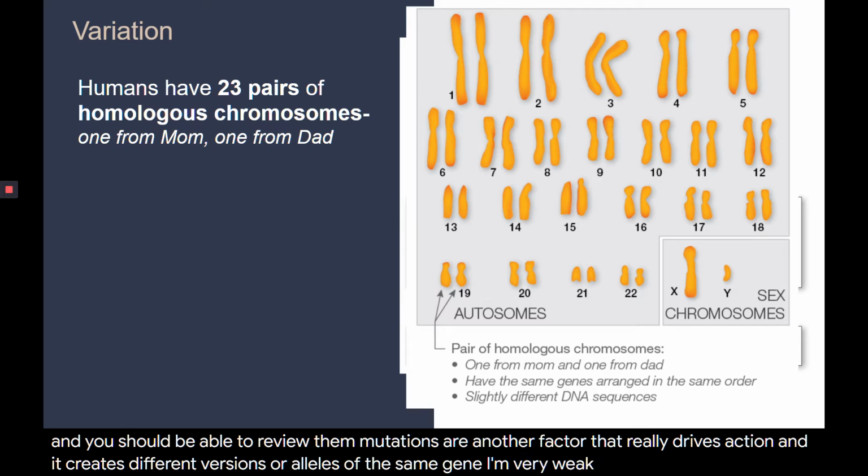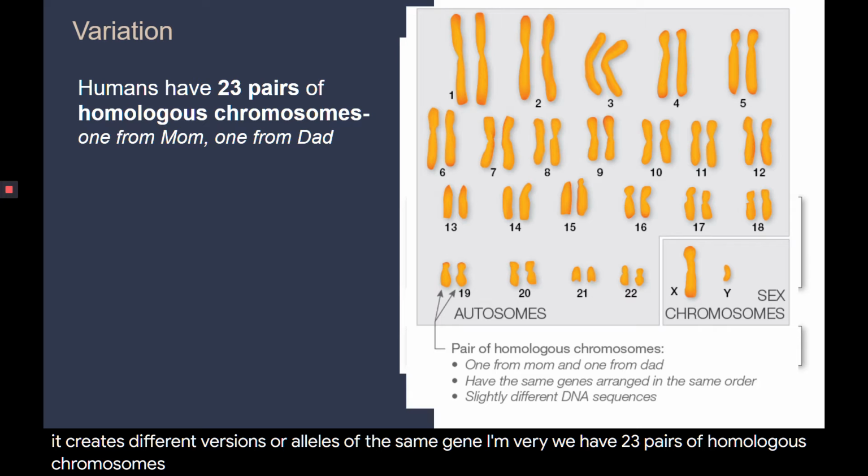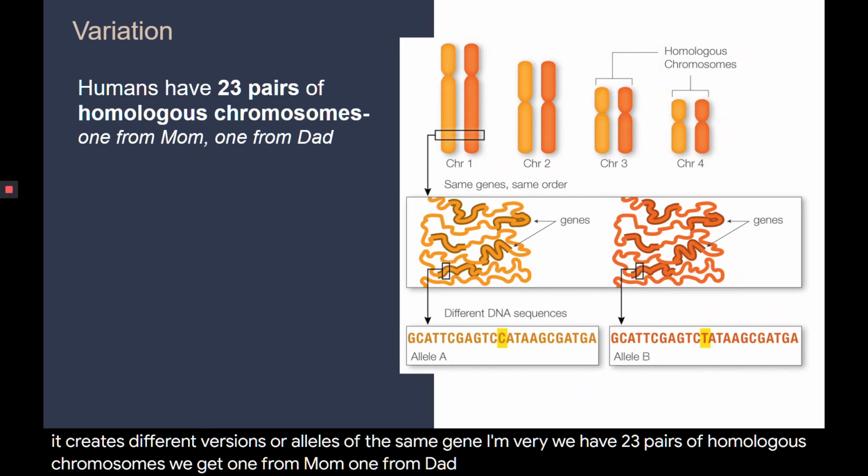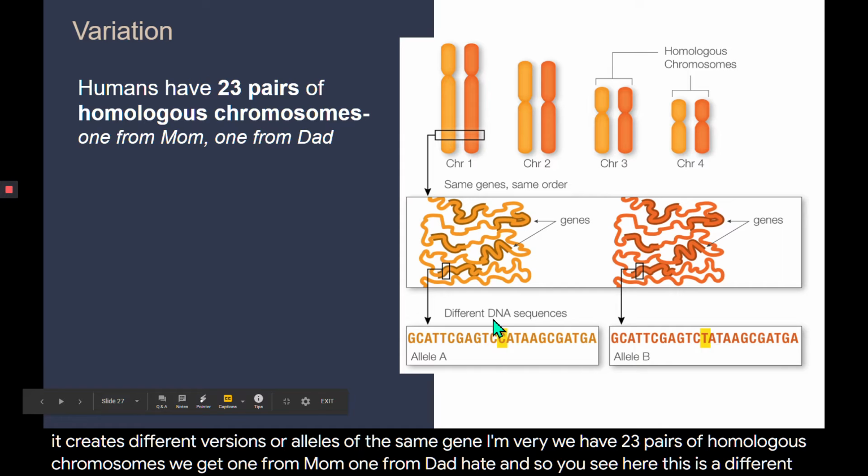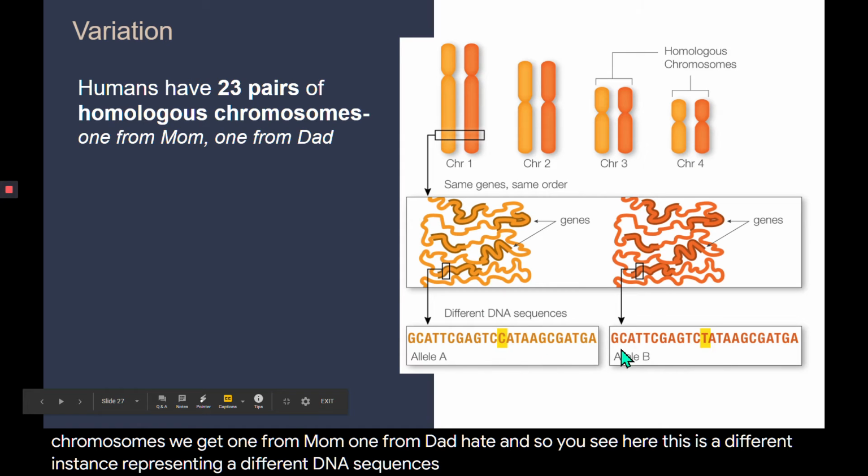Remember, we have 23 pairs of homologous chromosomes. We get one from mom, one from dad. Right, and so you see here, this is representing a different DNA sequence in the same gene, so you have different alleles.